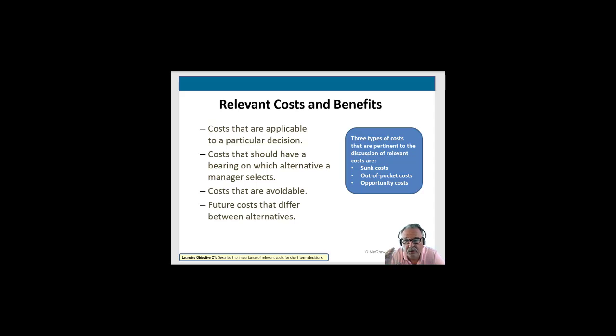So we're focusing on things that are going to happen in the future. If we take this course of action, it's going to cost us this. If we take this course of action, it's going to cost us this. Not just from a cost standpoint, but also revenue. So in some cases we need to evaluate the revenue as well as the cost for different courses of action. And we're focused on the future costs.